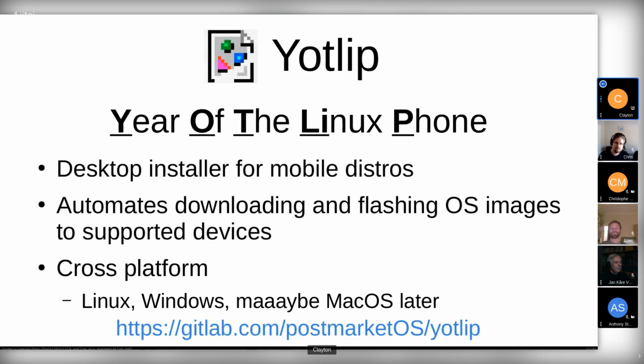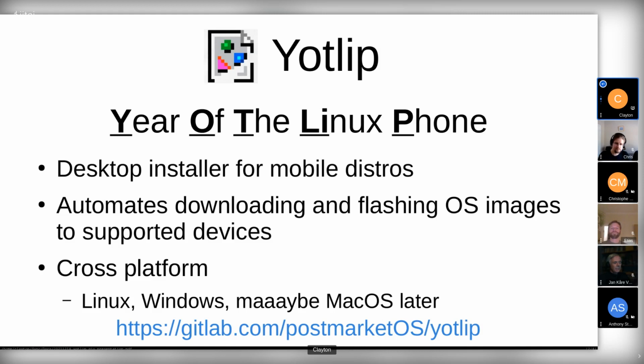It tries to automate downloading images and flashing images onto supported devices. The target audience is really just people who don't have any experience using the Linux command line or anything like that. And so just make it easy for them to grab the latest version of our distribution or others.